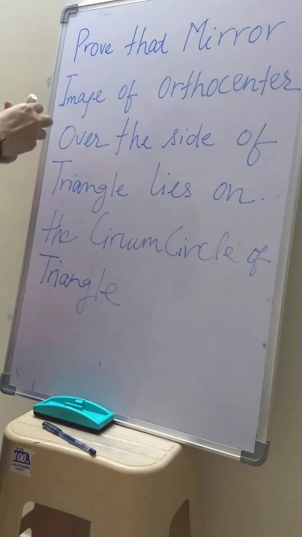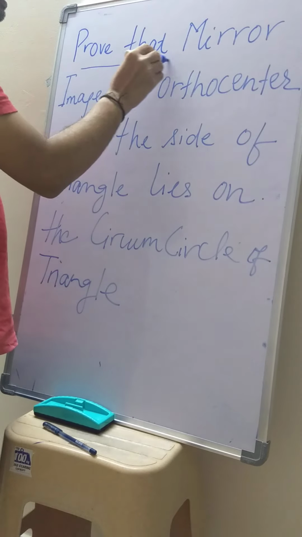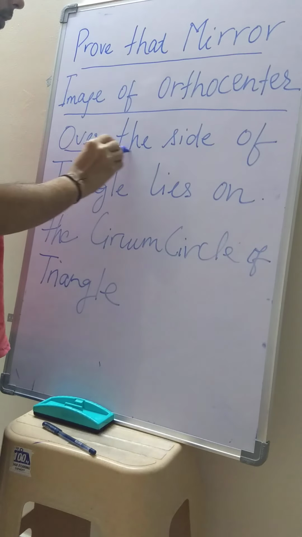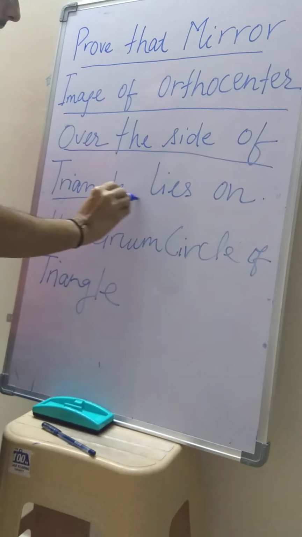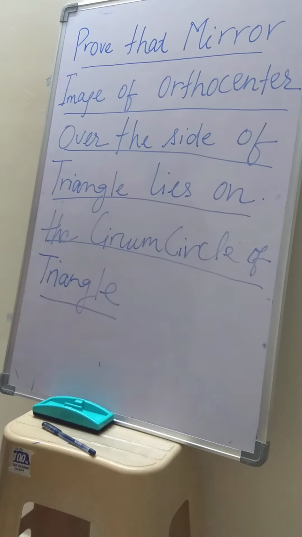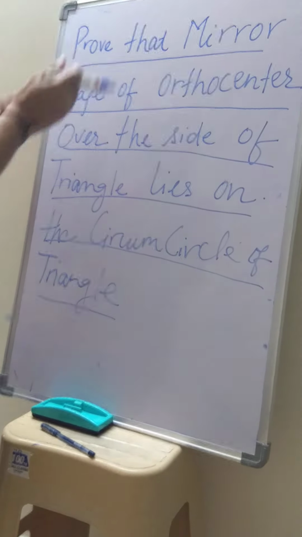Problem goes like this: you have to prove that the mirror image of the orthocenter over the side of a triangle lies on the circumcircle of the triangle. So what does it say? You all know what is orthocenter. If not, I will explain it.